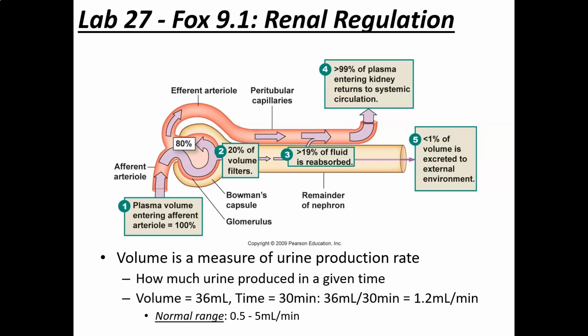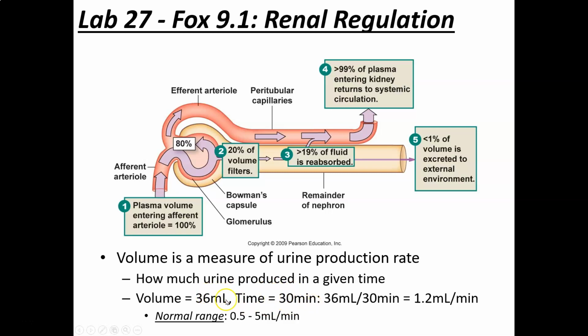So in order to measure urine production rate, we need a volume. Okay, and again, from our sample data, it was 36 mils. We need a time, that's that void interval time. Somebody emptied their bladder, started a timer, and then stopped it again when they went pee. So 30 minutes had passed.